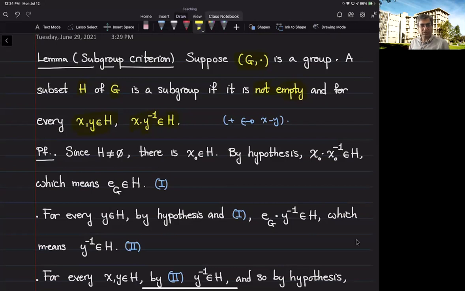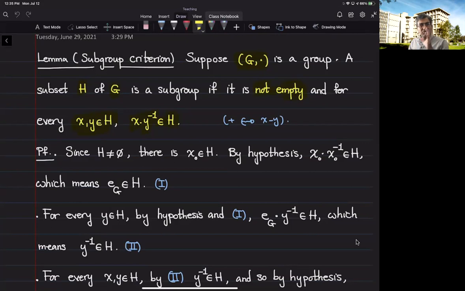First, why the neutral element of G is inside H. Then why the inverse of every element of H is inside H. Then I'm going to use these facts to deduce that x dot y is inside H if x and y are in H. Okay, let's start with the neutral element.